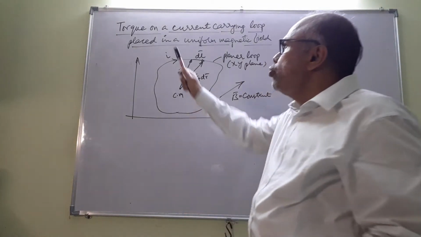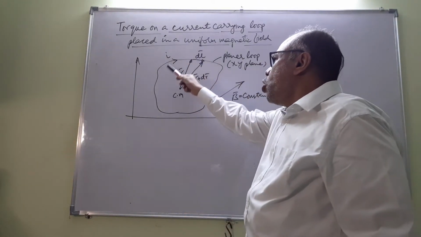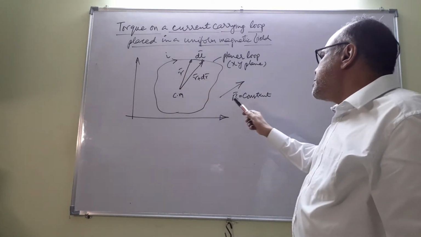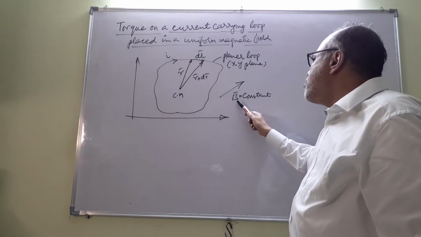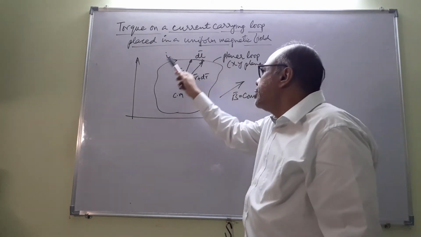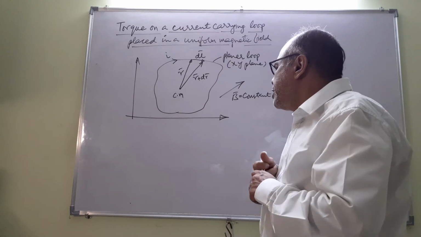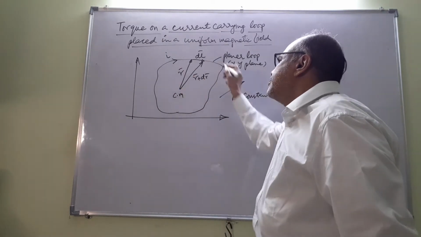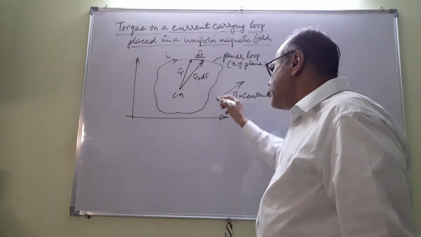Now we are going to see what is the torque on a current carrying loop placed in a uniform magnetic field. I have shown the current carrying loop in the xy plane.